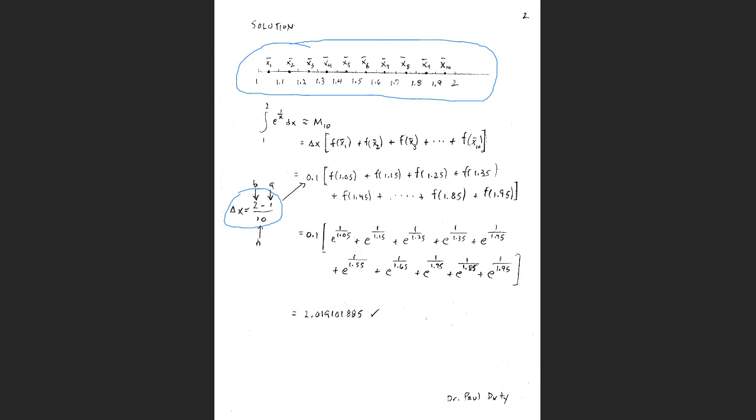For every subinterval, the midpoint is halfway between. So x1 bar is 1.05, x2 bar is 1.15, x3 bar is 1.25, and so on.